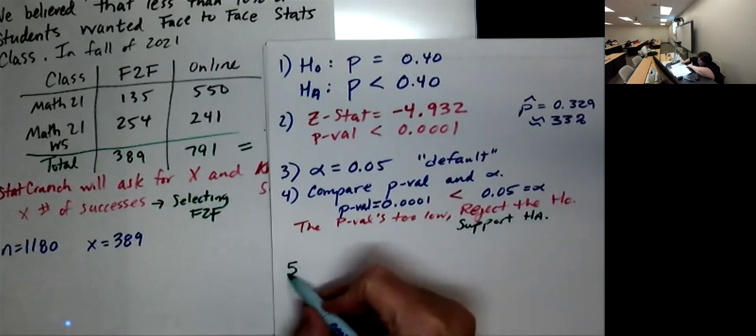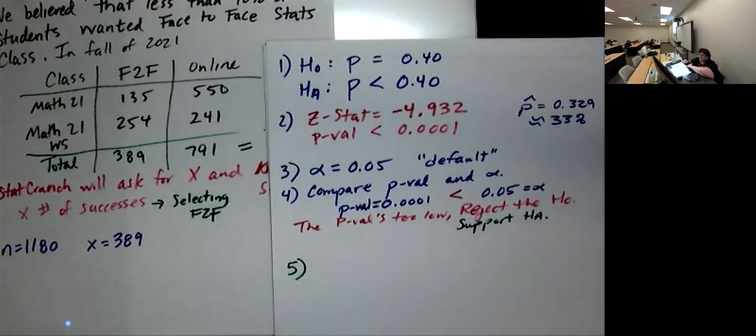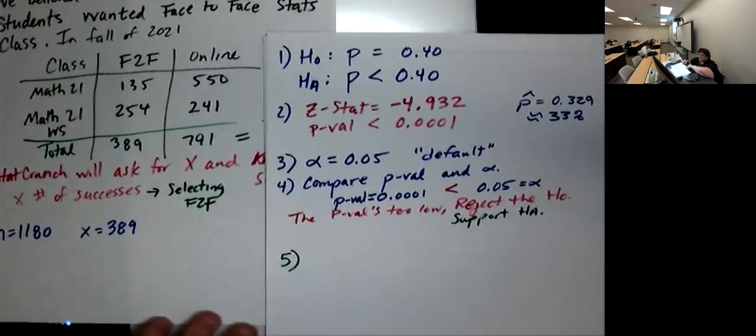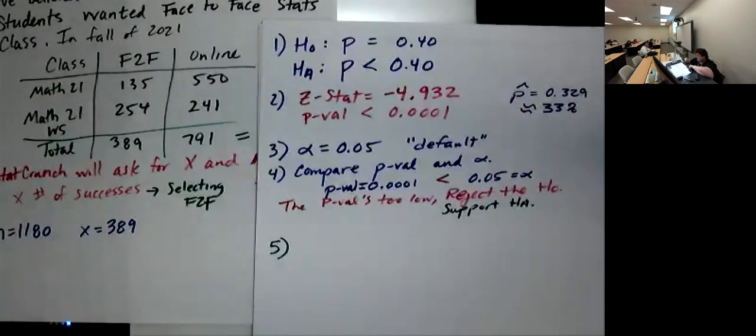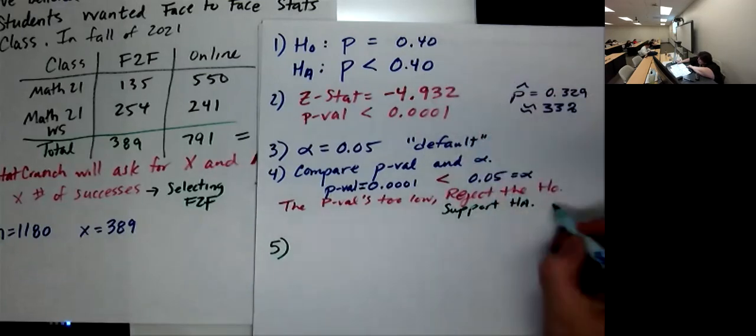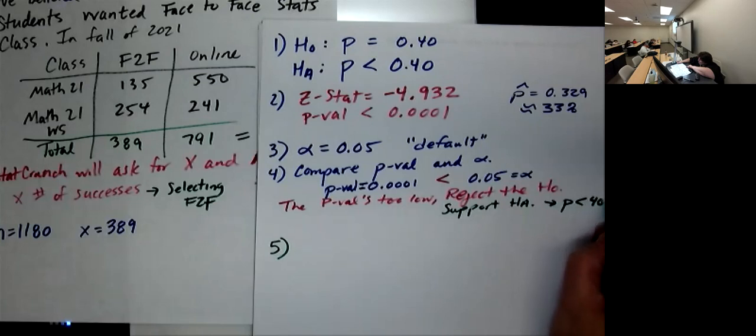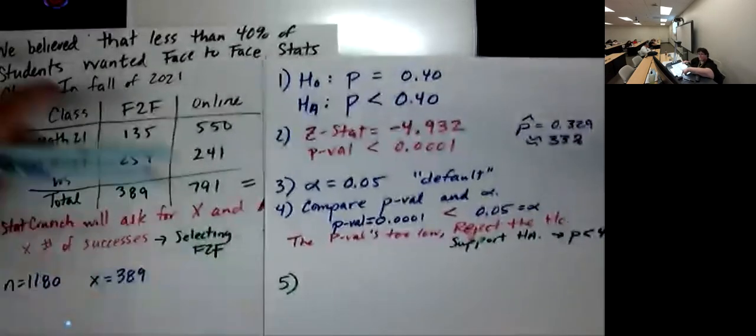And that's what our statement is going to be about. Our statement of confidence will be supporting HA. HA was that the proportion is less than 40%. And that's what it said in the sentence over here.